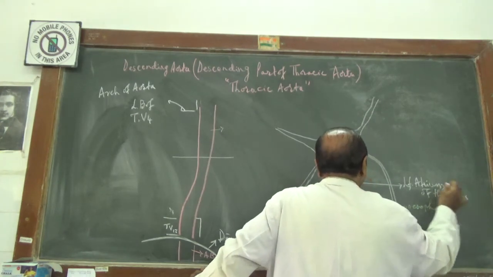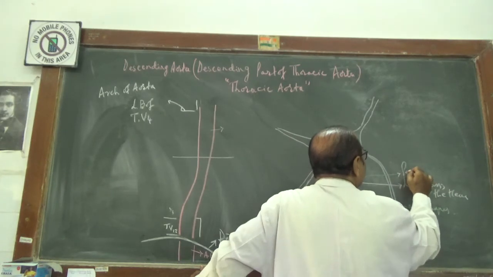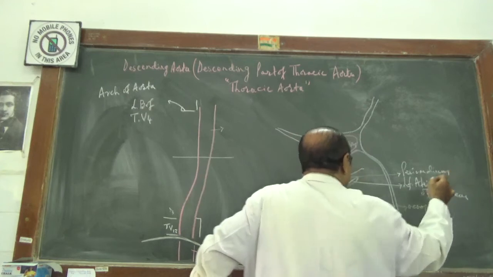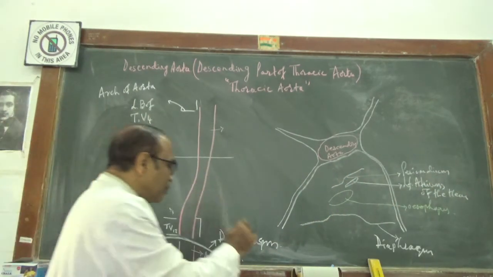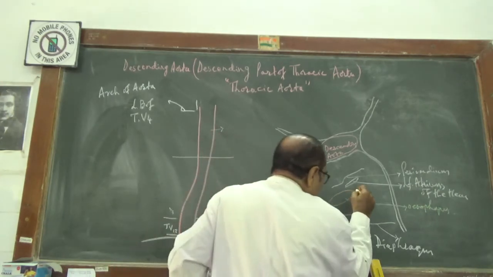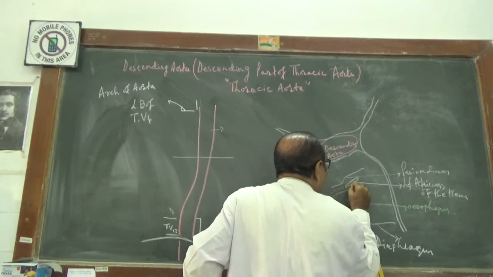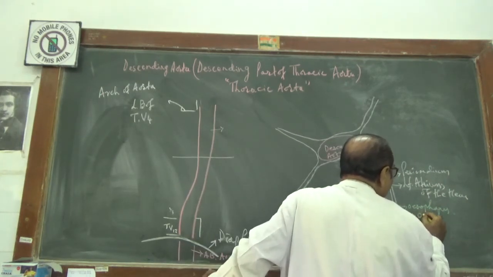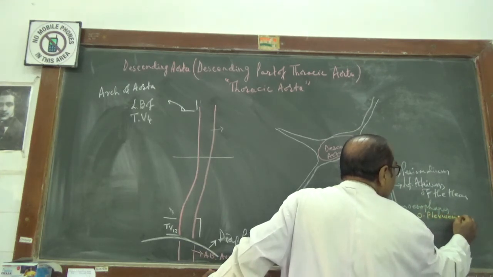Then you will get the pericardium, and after this you will get the esophageal plexus of nerves all around the esophagus.